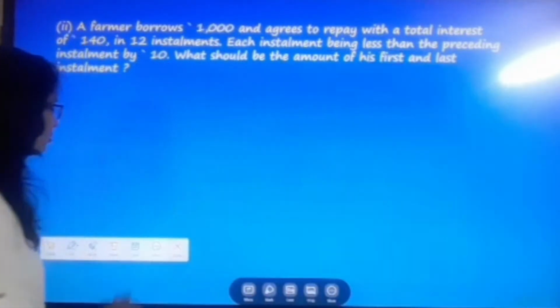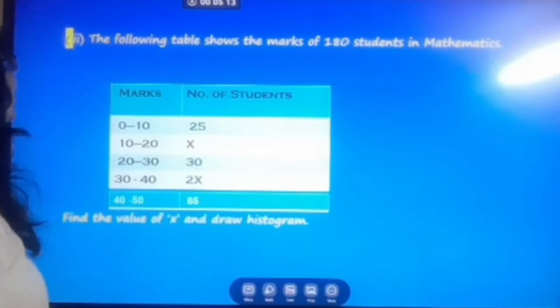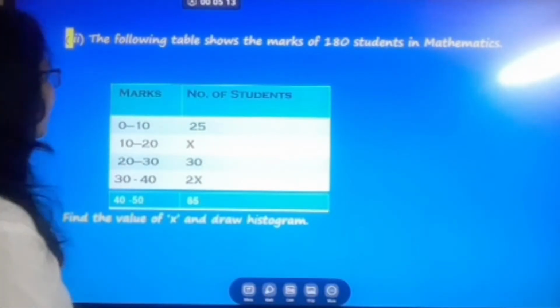Okay, the next one students, see the next example. So the following table shows the marks of 180 students in mathematics.